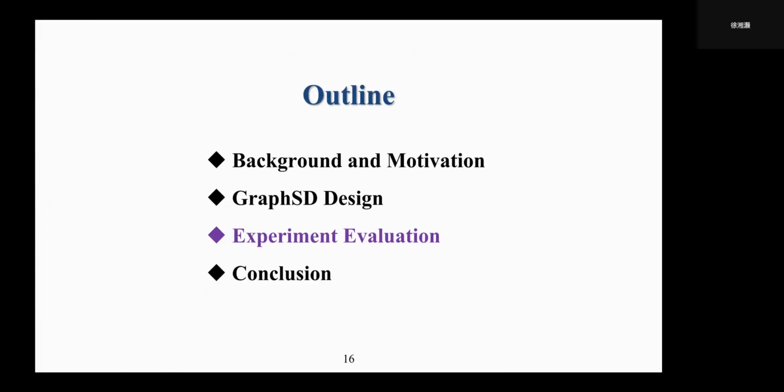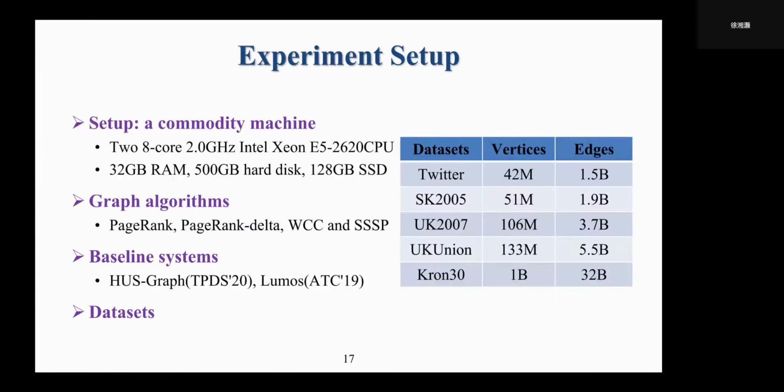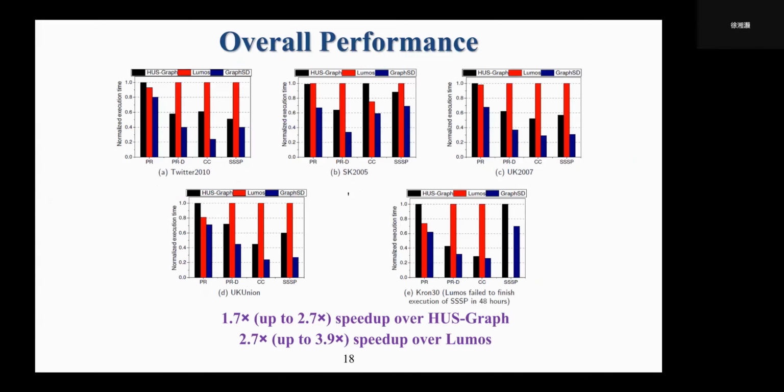Now we report our evaluation results. We conduct the experiment on a commodity machine. The tested graph algorithms include PageRank, weakly connected components, and single-source shortest path. We compare GraphSD with two state-of-the-art out-of-core graph processing systems, HUS-Graph and Lumos. The testing datasets include several real-world social networks and web graphs, and one synthetic graph. We first evaluate the overall performance.